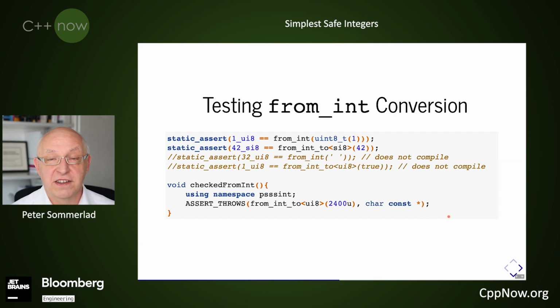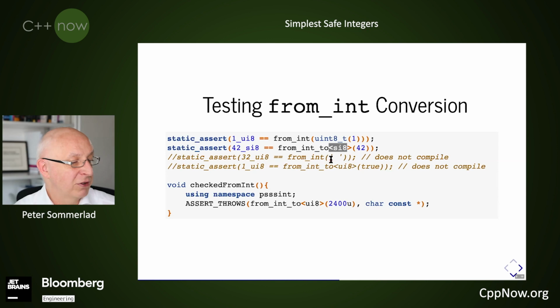Now we should actually test those conversions. We can check if a uint8_t value actually converts implicitly to the corresponding UI8 type, and that's what's checked here at compile time. And with a signed integer, we can check to convert to a signed integer of 8 bits, and because 42 is smaller than the corresponding numeric limit max, it works and fits there.